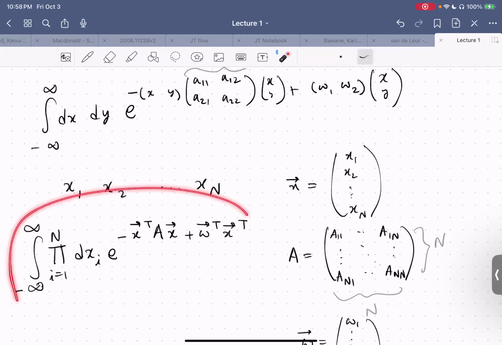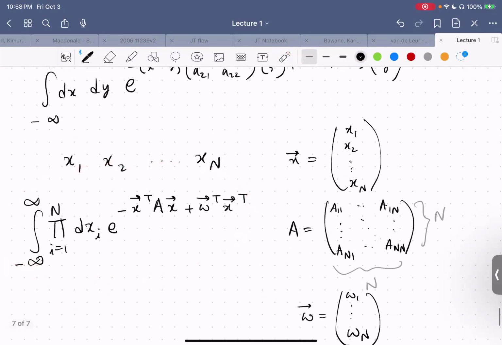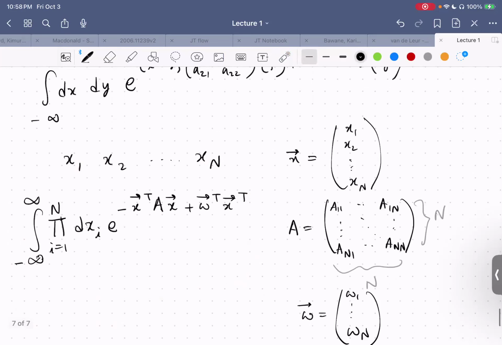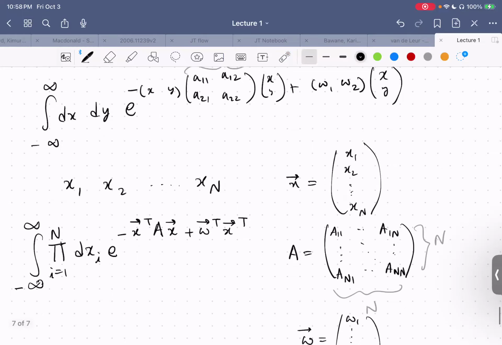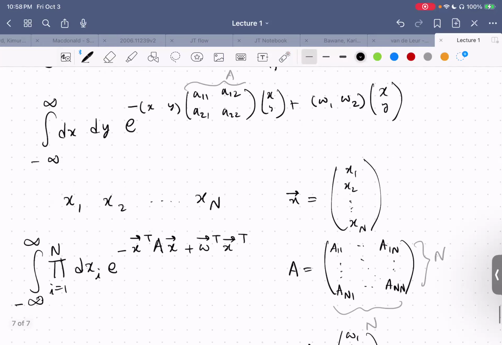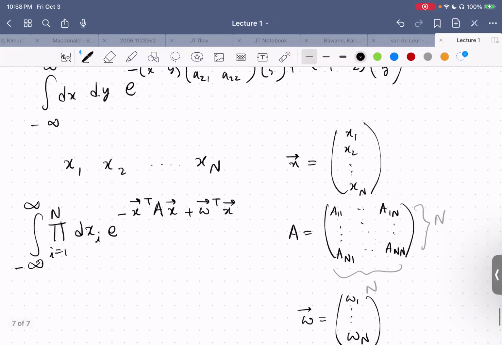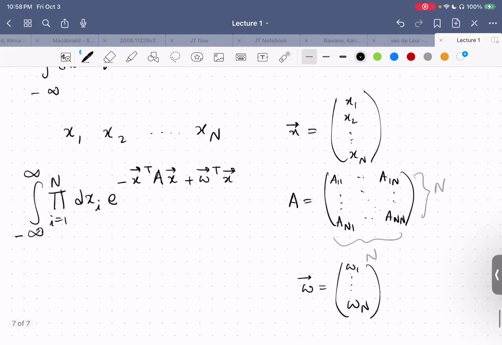This integration we can also perform. The last one shouldn't be with transpose, the last x. Sorry, yes, you're right. There's no transpose in the last x. Thank you. The result of this integration is, again, there's a square root, some numbers, which we will not be too worried about. But it's good to have this in mind anyway.